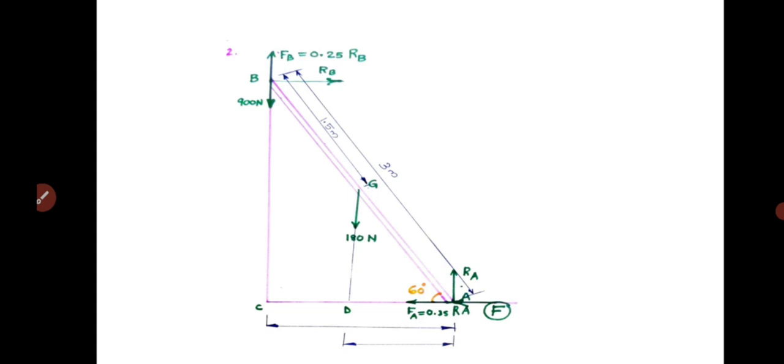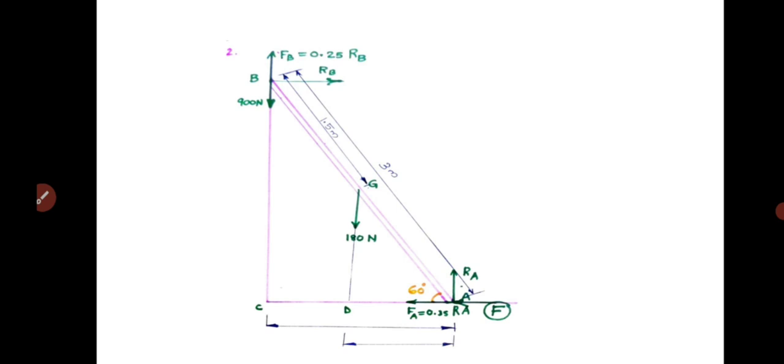Now if you consider the algebraic sum of forces along the vertical direction as 0, then you will get FB acting upwards, RA acting upwards, and 900 Newton and 180 acting downwards. So FB plus RA equal to 900 plus 180. So that is 0.25 RB plus RA equal to 900 plus 180.